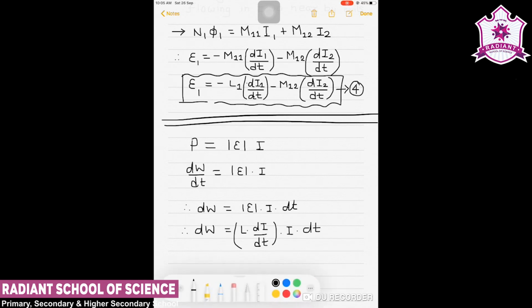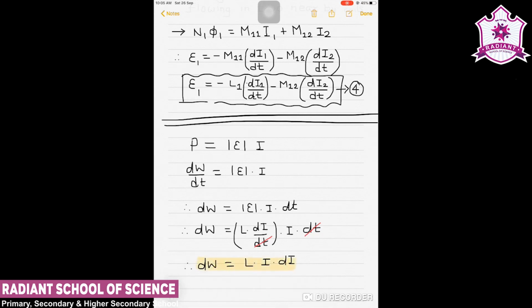Here we can cancel the term dt from both, and therefore our new expression is dW equals L I di. Here it is to be noted that we have ignored the resistive loss and considered only the inductive effect in this equation.